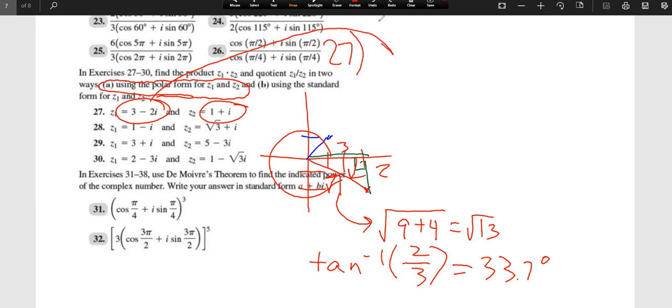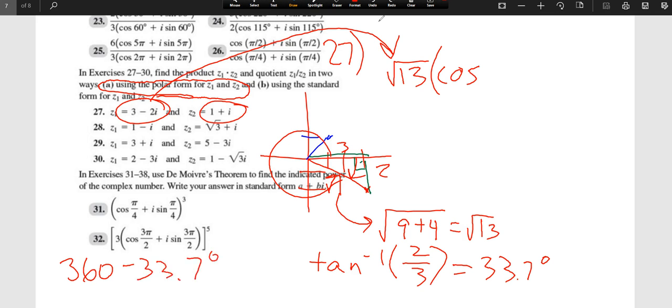So the first one that I'm dealing with is radical 13, cosine. Does anybody know what 360 take away 33.7 is? 326.3. Is that what? Yeah, that's right.